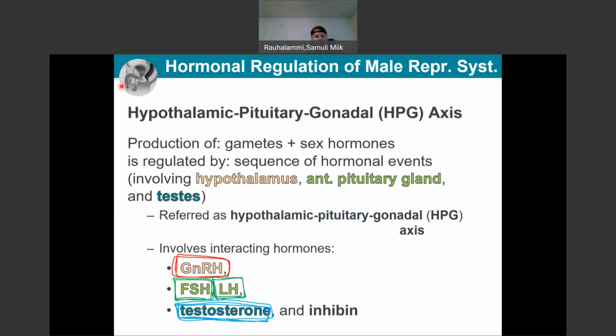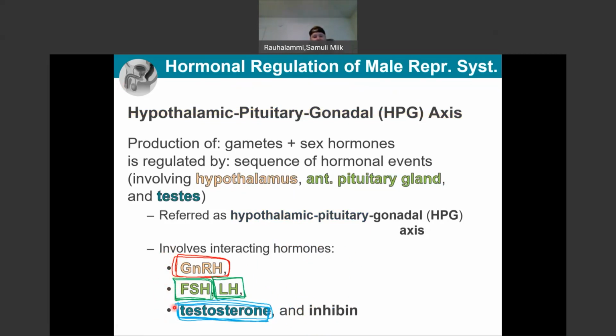I do want to mention, though, that we see these cascades, a kind of how the endocrine system works, that one thing triggers another. The hypothalamus releases the gonadotropin releasing hormone, which then acts on the anterior pituitary that releases follicle stimulating hormone and luteinizing hormone.